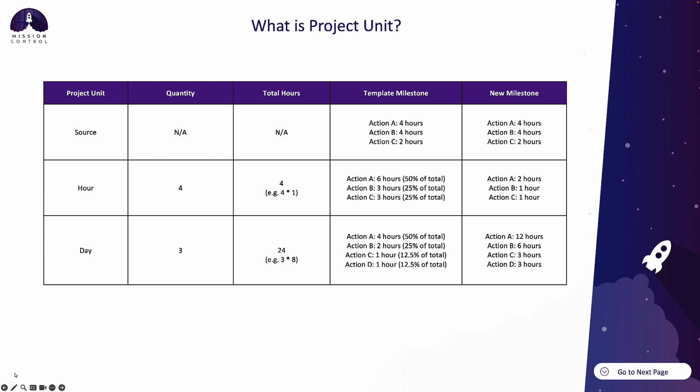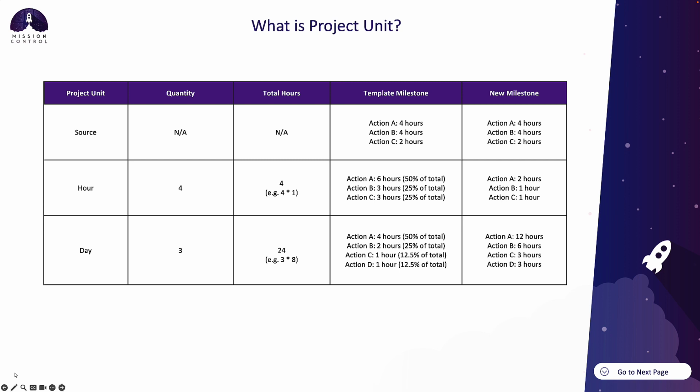So their distribution of hours on the template milestone is 50%, 25%, and 25% of the total. This means 4 hours in total will be multiplied by the percentage of each action to figure out the hours on the new milestone. So on the new milestone, we would expect to see 2 hours, 1 hour, and 1 hour on those 3 actions.